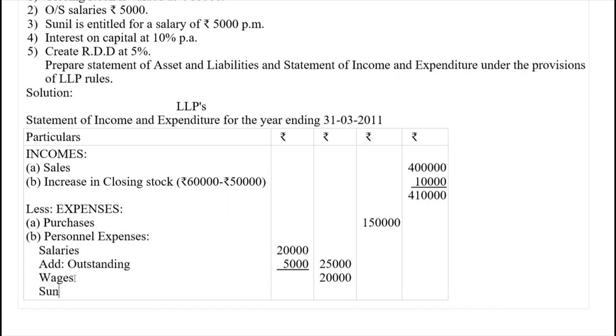The total of salaries comes to rupees 25,000 here. Then wages are 20,000. Let me take it in this column only. Then there's a partner's salary here. Sunil's salary, rupees 5,000 per month multiplied by 12, which comes to rupees 60,000. Now let's take the sum: 60 plus 20 plus 25, so 1,05,000 comes here.